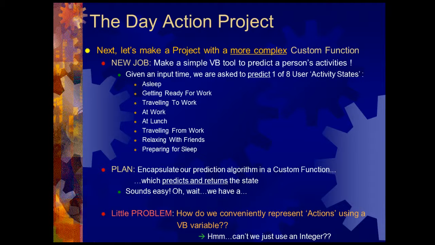Now you don't have to have a variable taking on these values. You can just use an if statement. You could say if the slider is in position 1, then he's asleep. If it's in position 2, then he's getting ready for work, and so on. But he wants to do this in a slightly different way. He wants to make a new variable that can just take these values.